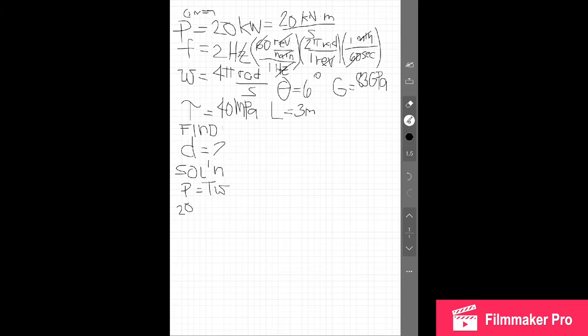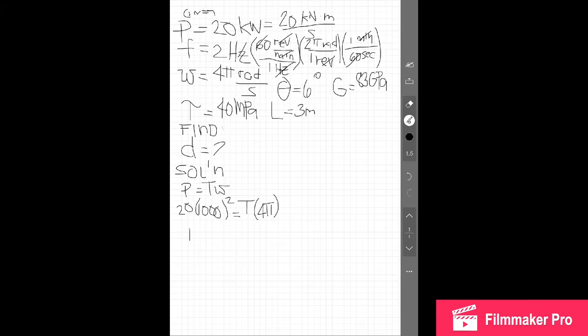Kailangan mo i-multiply ng 1,000 para ma-convert mo yung kilonewton to newton, and another 1,000 para yung meter ma-convert natin to mm. So diretso ko na, hindi ko na isusulat yung mga unit. So multiply by 1,000 squared is equals to the torque, the unknown value, multiplied by 4 pi rad per second.